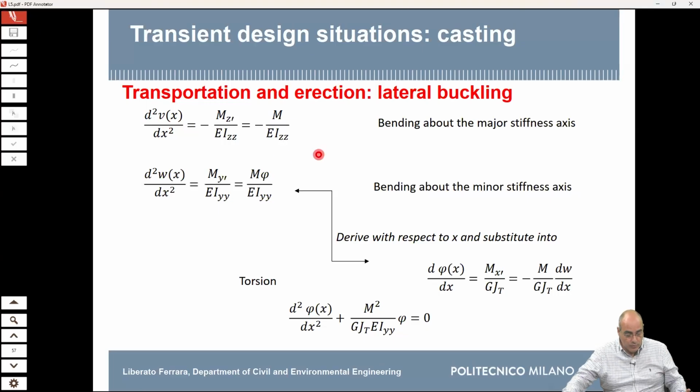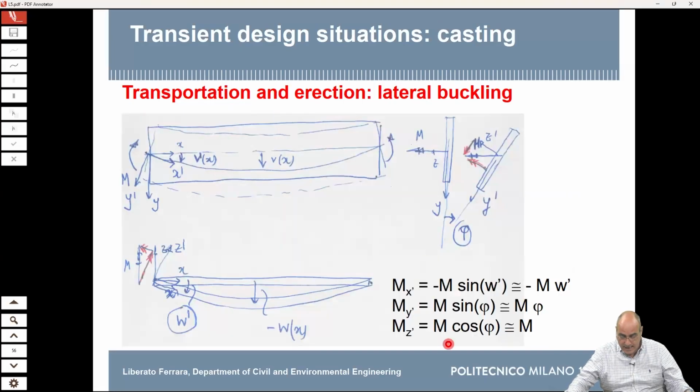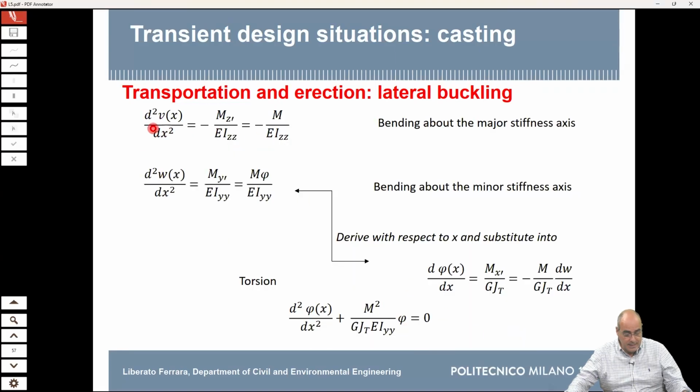But in the new reference system, Mz prime, if I go back, Mz prime is once more M. So this equation here, which is the principal bending, either if you write it in the undeformed reference system or in the deformed one, does not change.